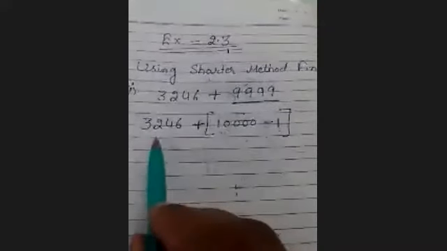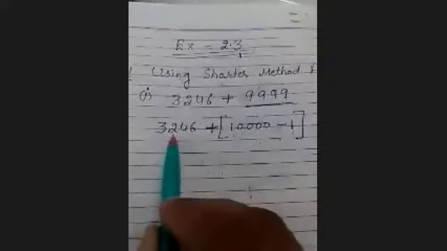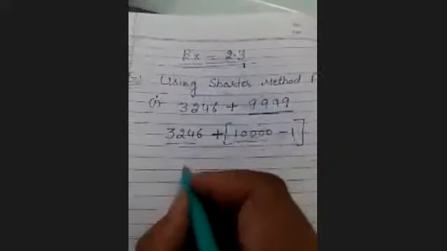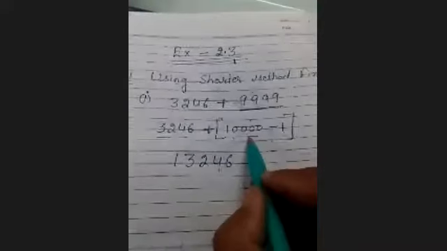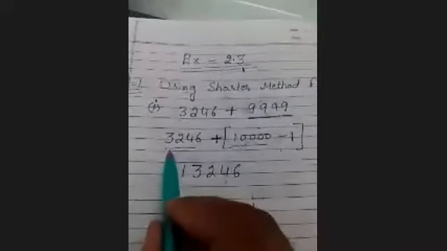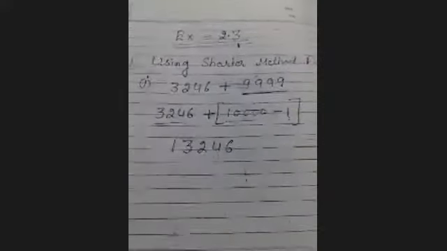Now, in the first step, add these two numbers. 10,000 plus 3,246. You get 13,246. Clear?